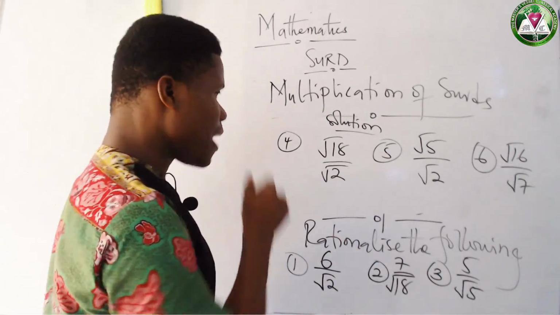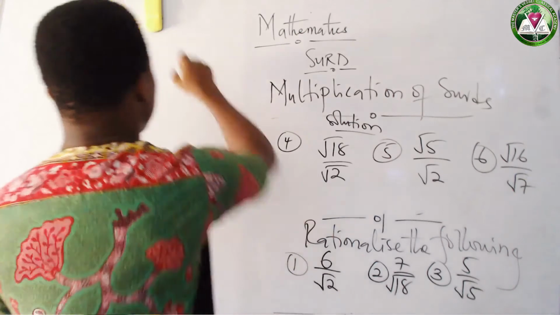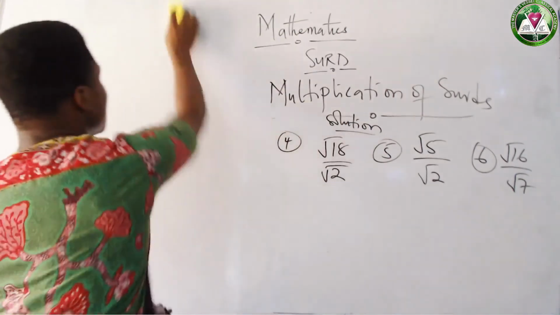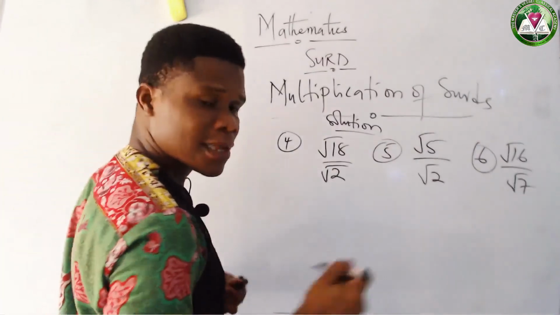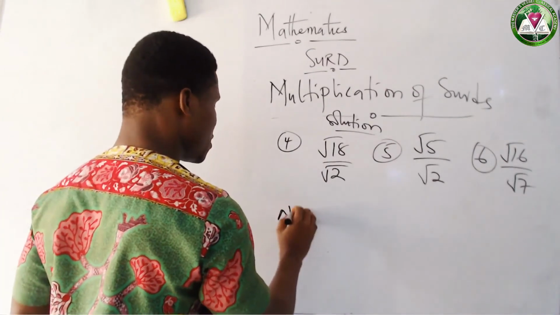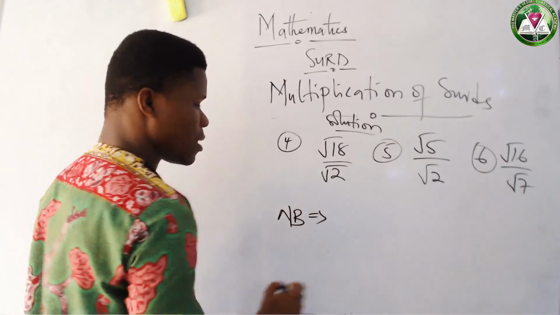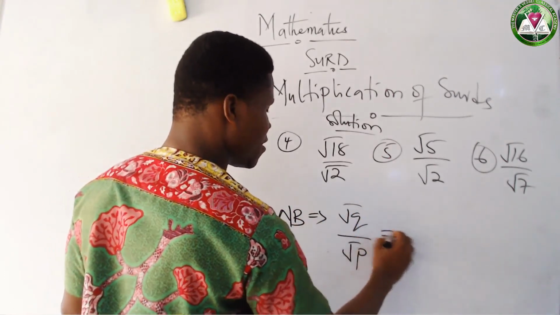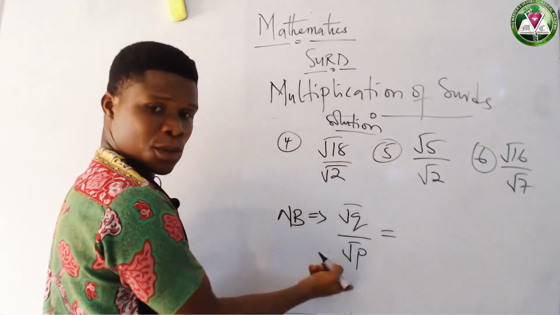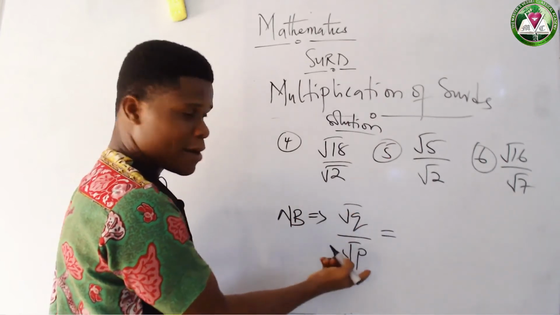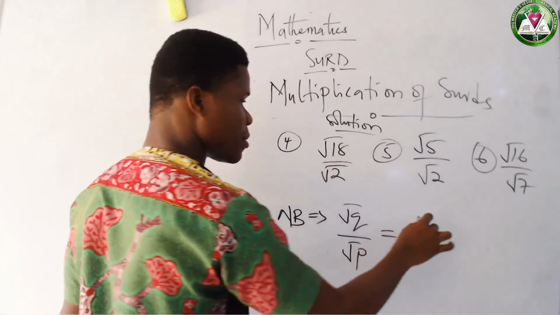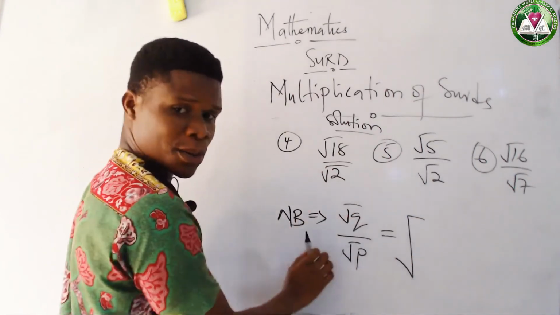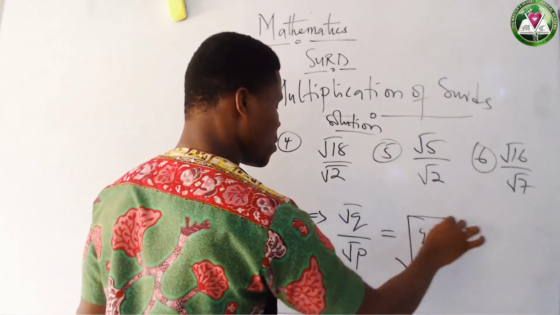Now, in rationalizing surd, it's good we note that root q over root p is equal to, put them into one root, just one root, then q over p.